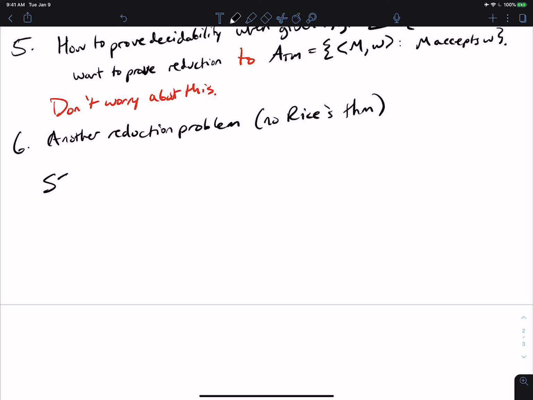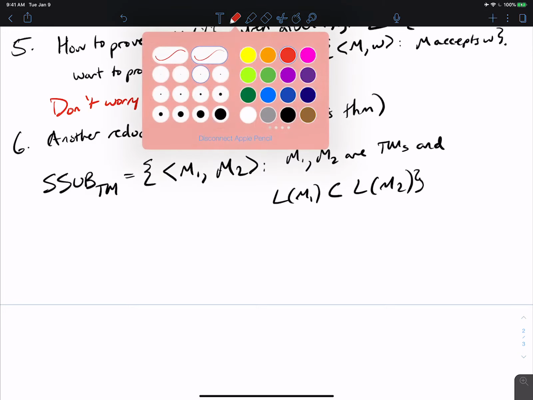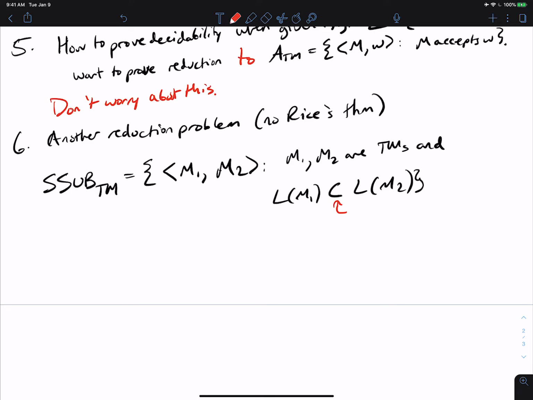It's kind of familiar: instead of DFAs, we are doing it with Turing machines. The language is pairs of Turing machines, which automatically tells us we can't use Rice's theorem. So M1 and M2 are Turing machines, and the language of M1 is a strict subset of the language of M2. If you haven't seen this symbol before, without the little equal sign under it, it means strict subset.